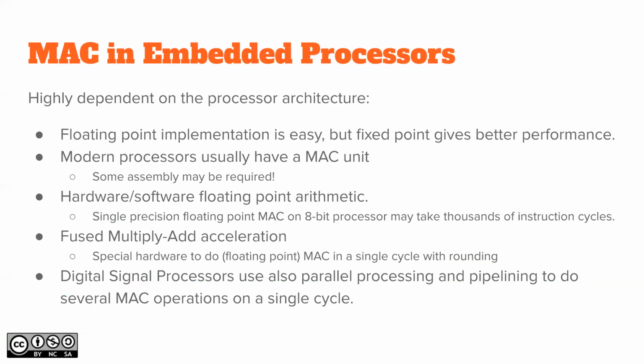And when you have an embedded processor, how this multiply-accumulate can be done or should be done depends highly on the processor architecture. If you have a processor with a floating point arithmetic unit on it, then everything is easy.